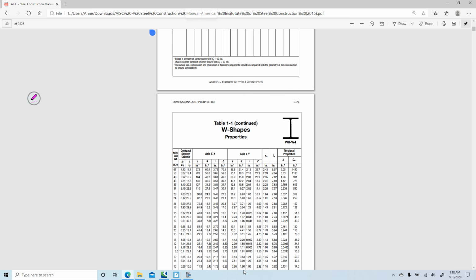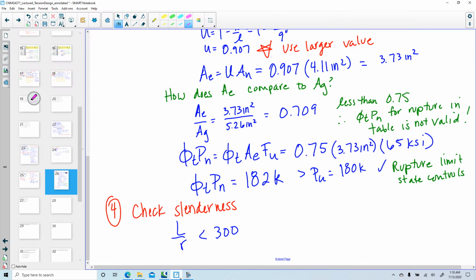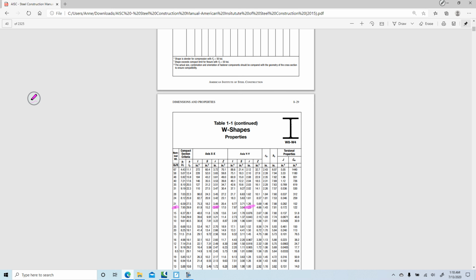Radius of gyration 3.43 or 1.23. We're going to choose the 1.23. We're going to choose the lower value because that'll give us a higher slenderness ratio, right?